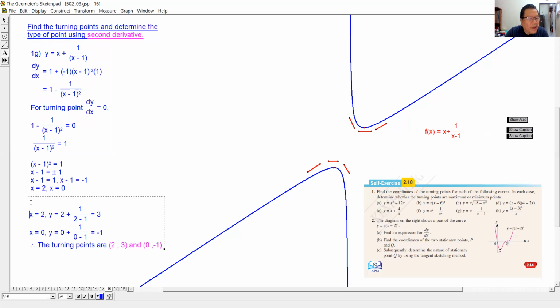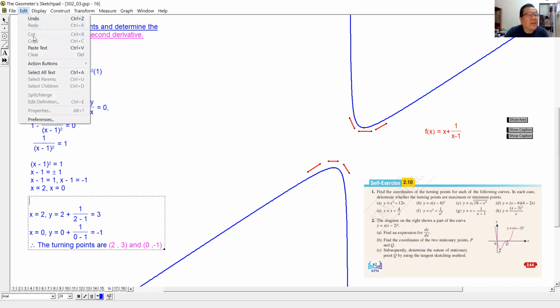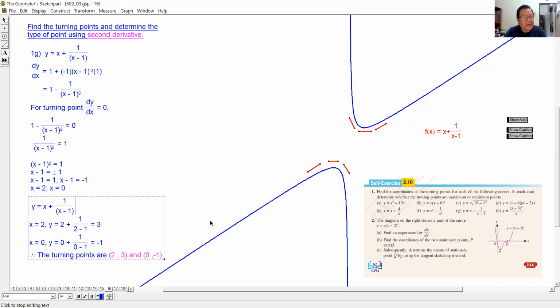I substitute back into the y here, and it becomes like this. The x becomes 2, 2 minus 1. Simplify, it becomes 3. Then I substitute 0 into the x here, it becomes 0. Substitute 0 here, so overall, it becomes -1.